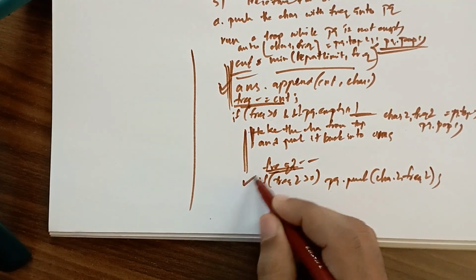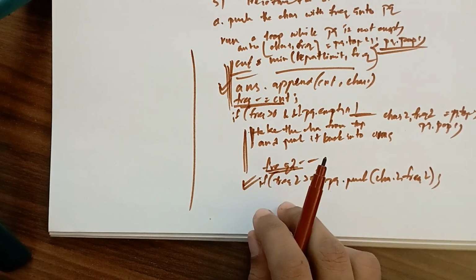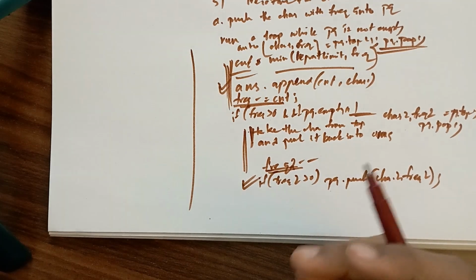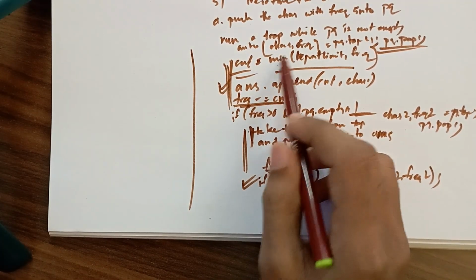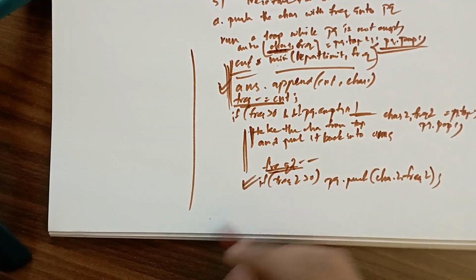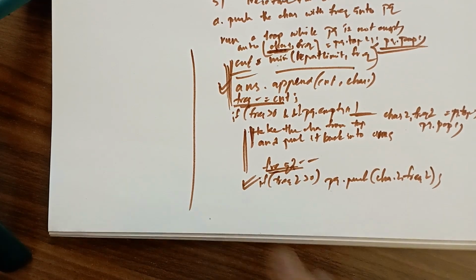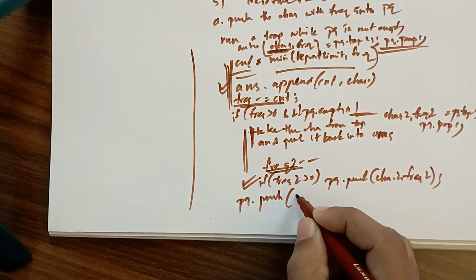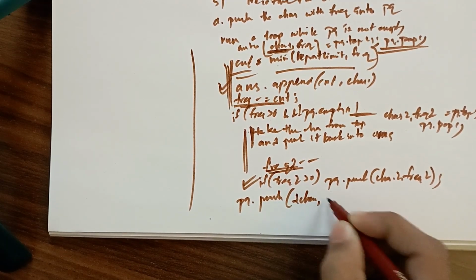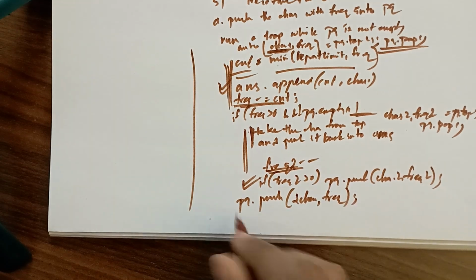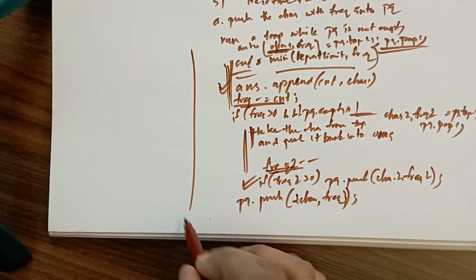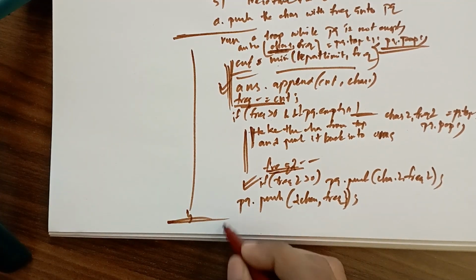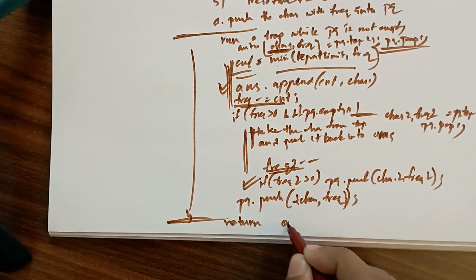So this is the condition, and we'll be doing another thing. If the first character has a frequency greater than 0, push that back into our priority queue. So this is how you solve this problem, and after running this loop till the priority queue is not empty, we will be returning our answer.